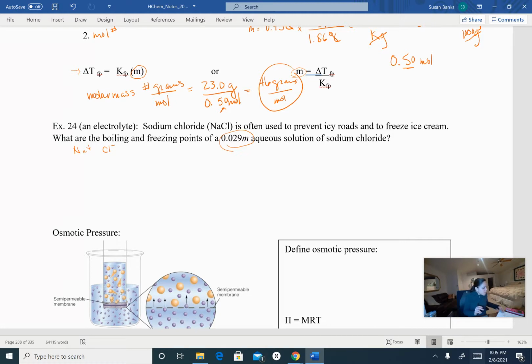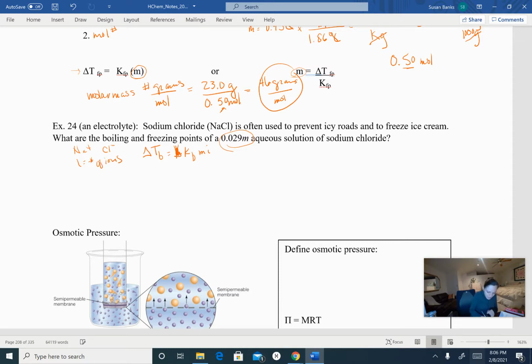I do. So now when we do this with ionic compounds, we have to add another thing to our formula. So let me show you what we do for ionic compounds. The change in temperature for the boiling point is still equal to the boiling point constant multiplied by the molality, but we add in this little i, and i is equal to the number of ions.